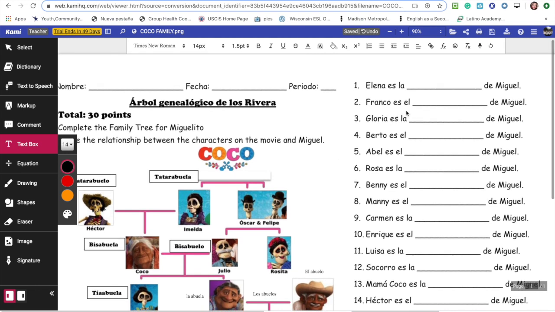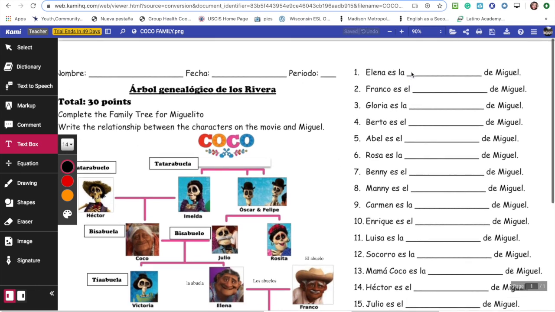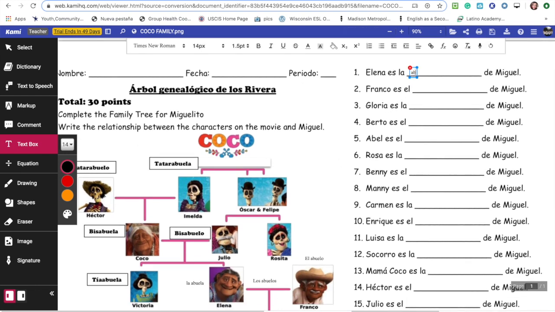So I'm going to say Elena es la abuela, right? De Miguel. So basically in Spanish, you have to write this as follows. Elena is the grandmother of Miguel. We don't use apostrophe S. It doesn't exist in Spanish. So we have to use de, of.